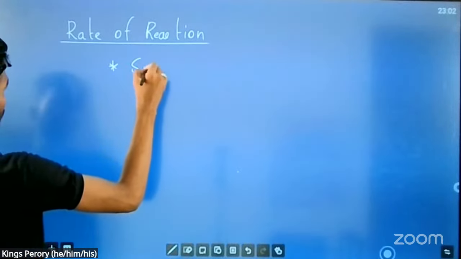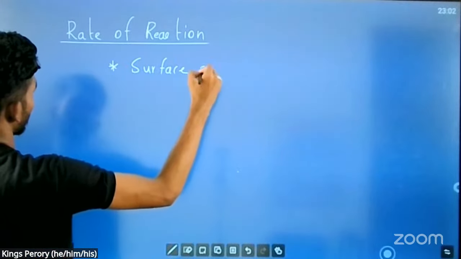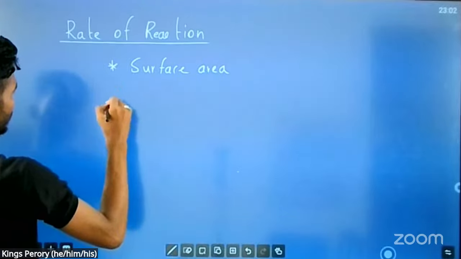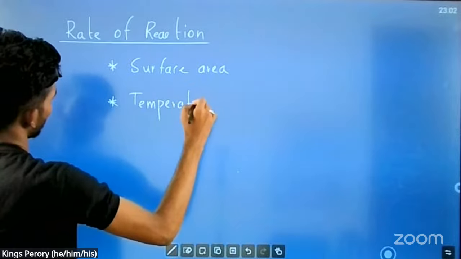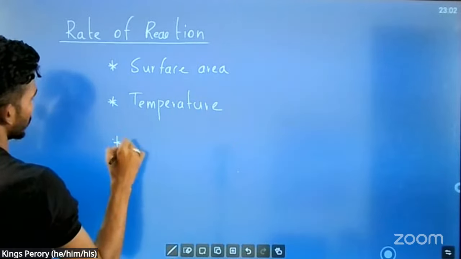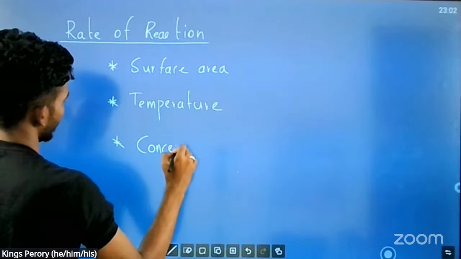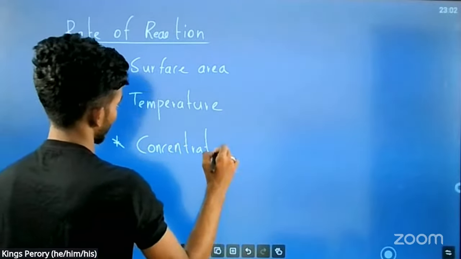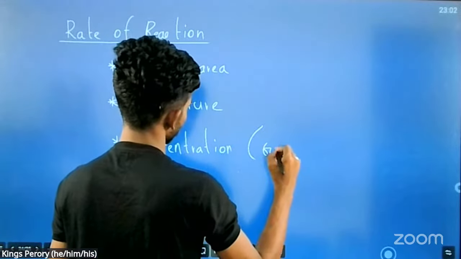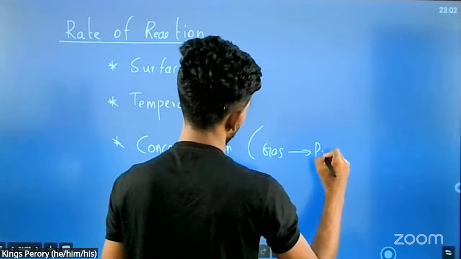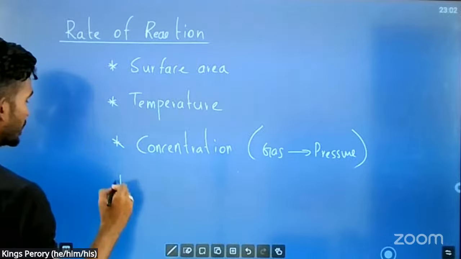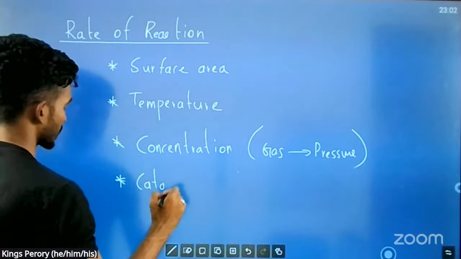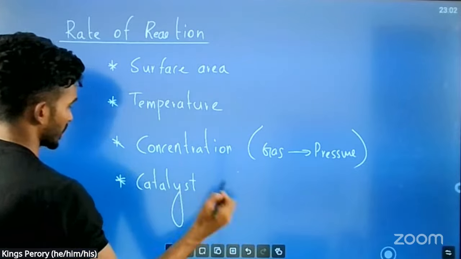Number 1, surface area of the reactant. 2, temperature of the reaction. 3, concentration. Specifically, if it is a gaseous reactant, pressure. Finally, presence of catalyst.